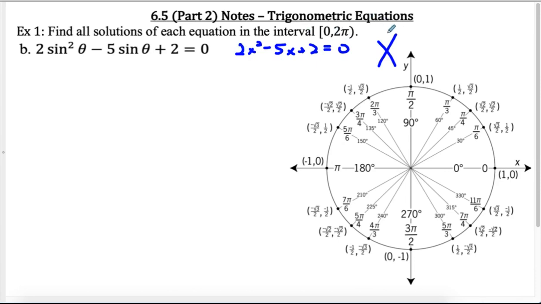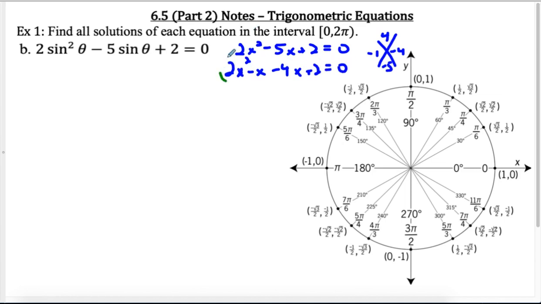So a times c, 2 times 2 is 4, b is negative 5. So two values that multiply to positive 4 that add to negative 5 would be negative 1 and negative 4. So we would need to factor by grouping here. So we'll have 2x squared minus x minus 4x plus 2 equals 0.